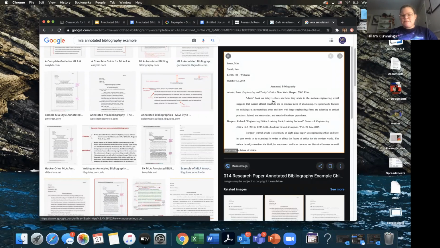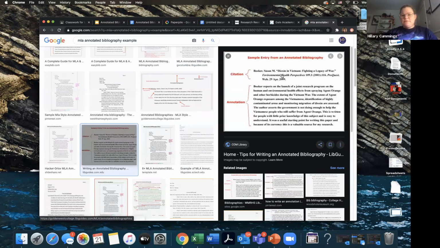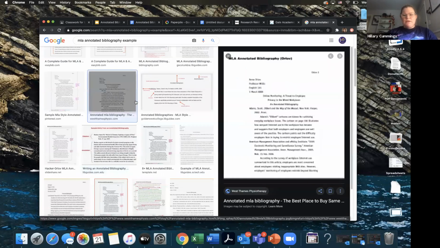Citation, indentation with the citation, with the way that the annotated bibliography is going to be: citation, annotation.